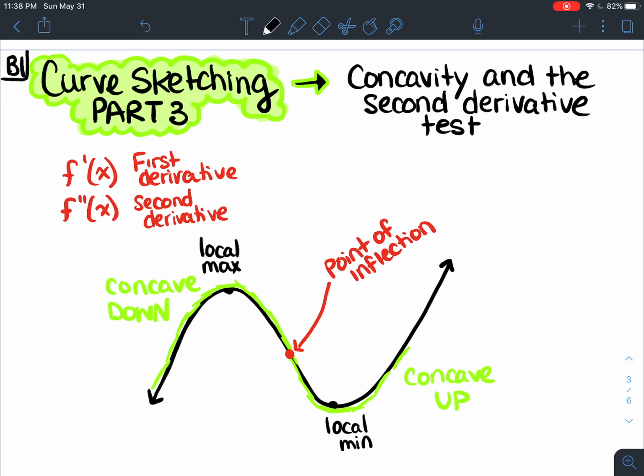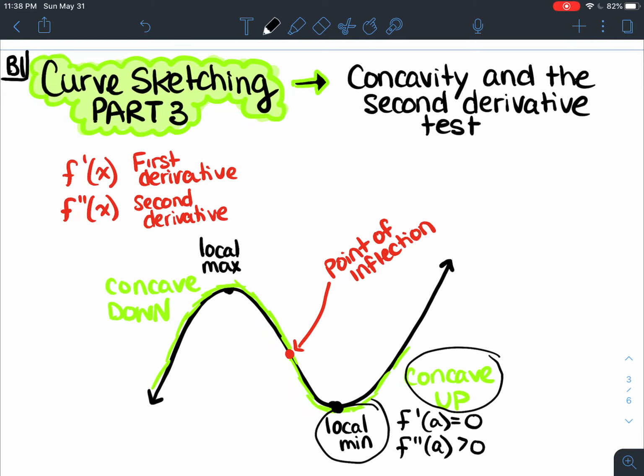For example, at this point right here, we would know that the first derivative of this function is equal to 0, and we'd also know that the second derivative is going to be greater than 0 at this local minimum here. And that would tell us that our graph is concave up, and that there is a local minimum here. So at a local minimum, our first derivative is 0, and our second derivative will be positive.